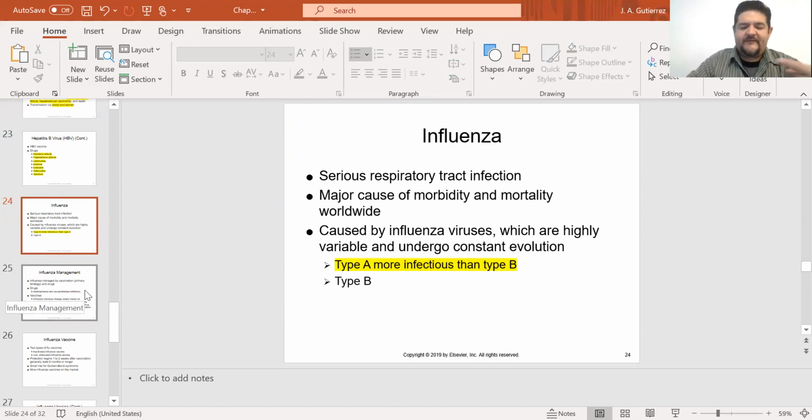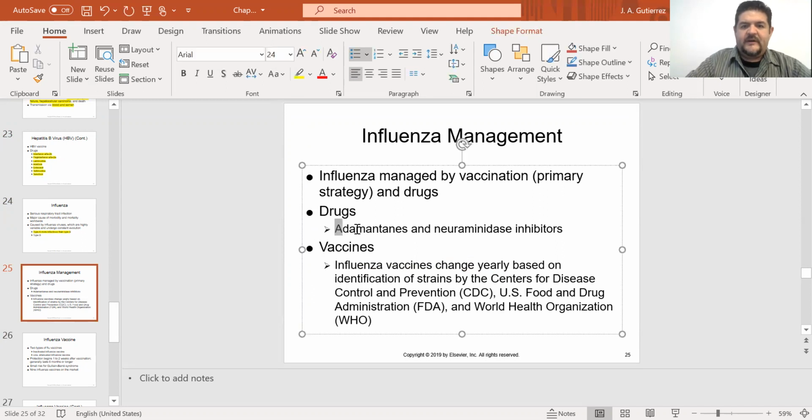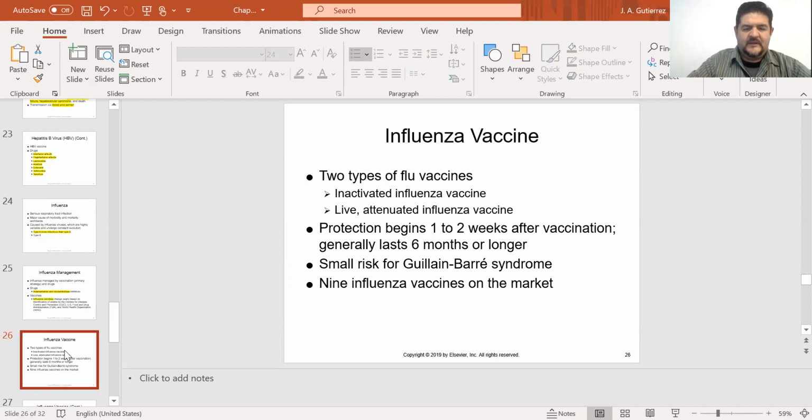So each year we have a new flu vaccine. Regarding drugs, we have two types that we're going to talk about later: adamantanes and neuraminidase inhibitors. And the CDC advised a yearly vaccine to prevent the flu.